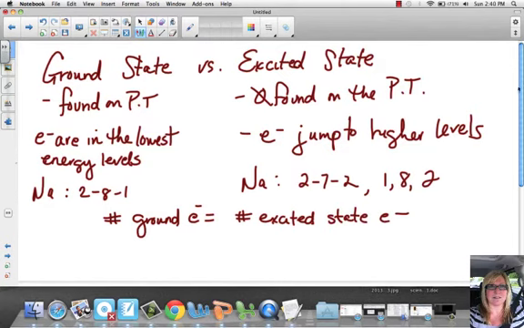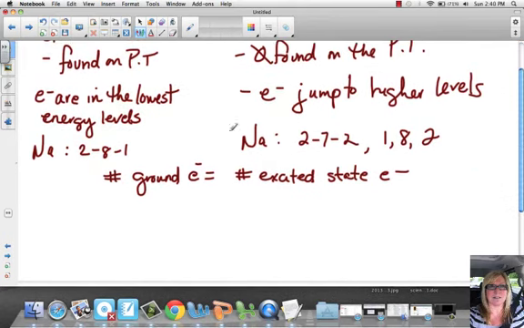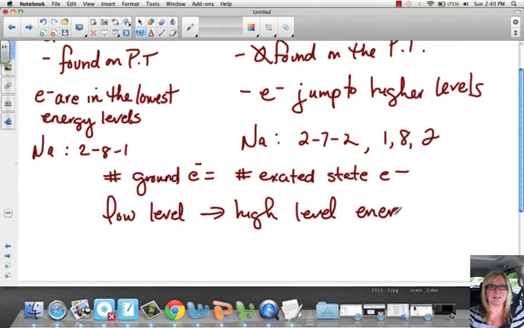Another thing that you need to remember is what's happening with the energy. When you go from a low level to a high level, energy is absorbed.